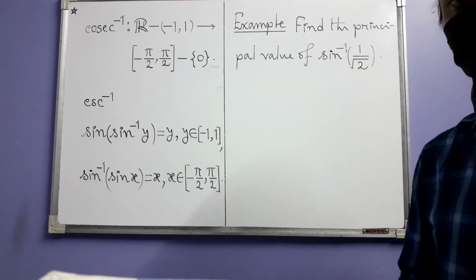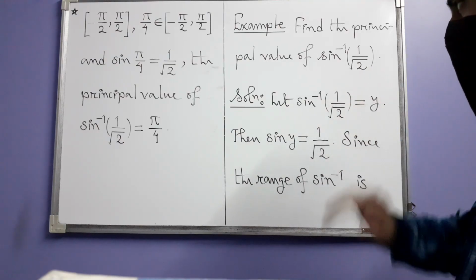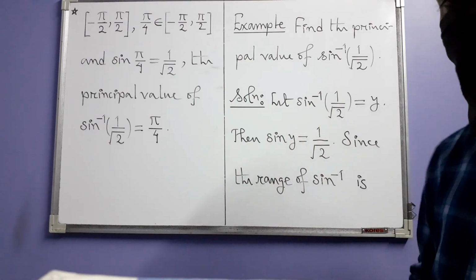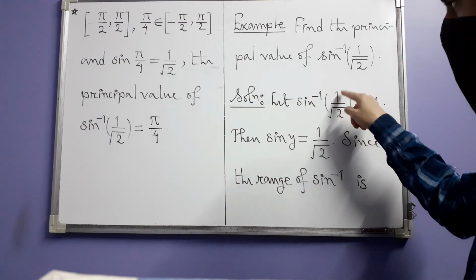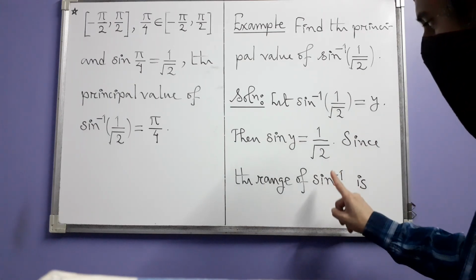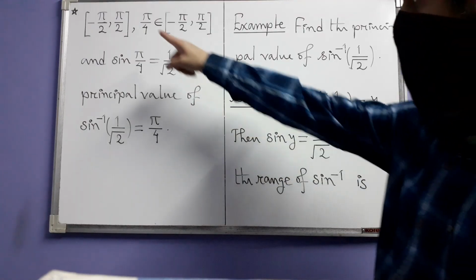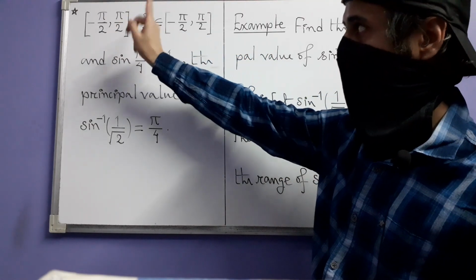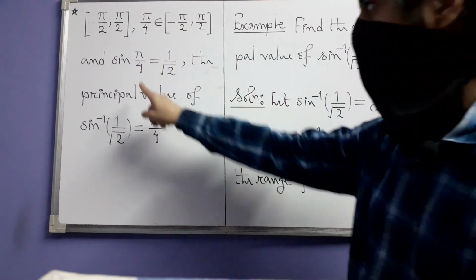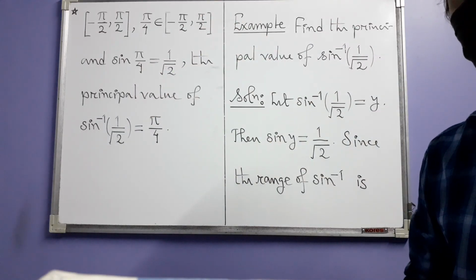So let's now solve it. So we start the solution by naming this something, say y. Then by definition of sine inverse, sine of y will be equal to 1 divided by root 2. Now we know that the range of sine inverse, the principal branch, is this interval, and pi divided by 4 belongs to this interval, and sine of pi divided by 4 is equal to 1 divided by root 2.